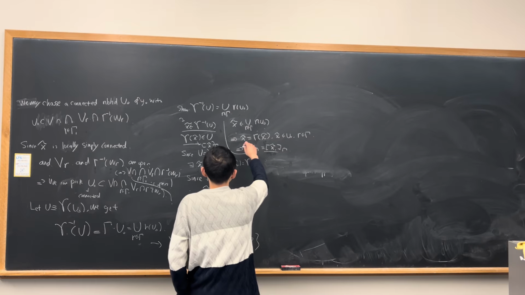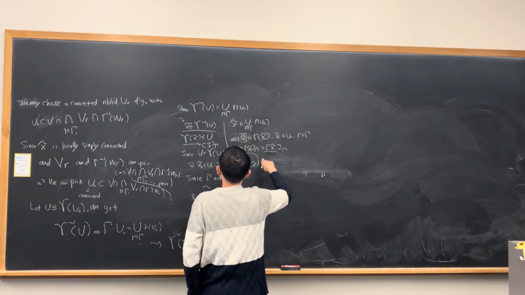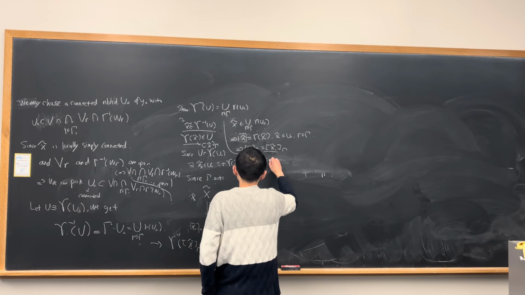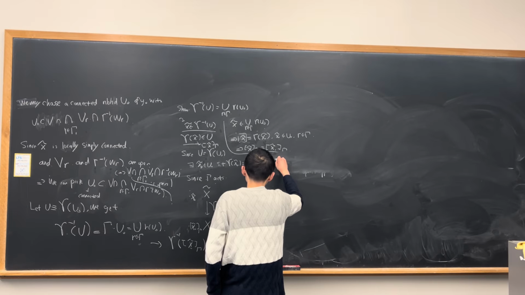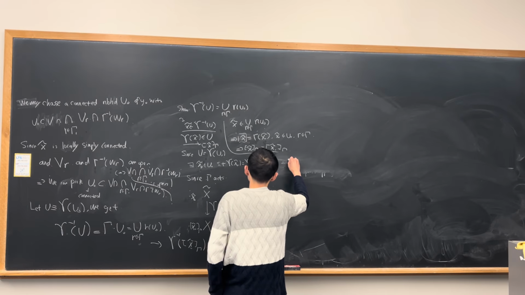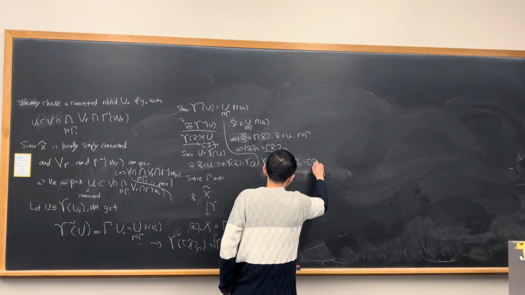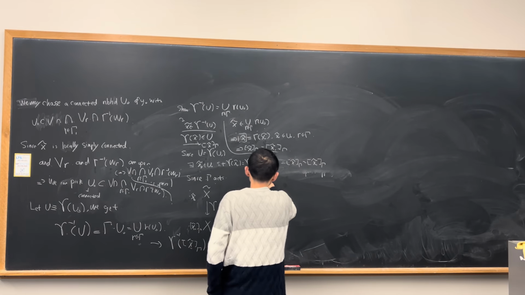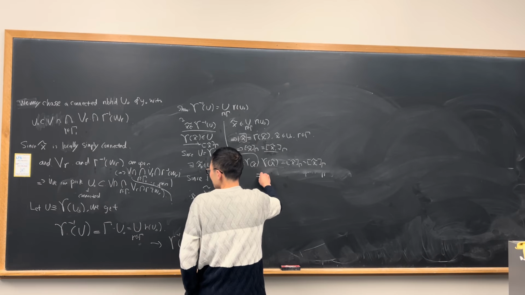So this is the x tilde, right? So this is the x tilde, and then gamma of x tilde is equal to this, and then equal to that, which is equal to y, which lies in u.